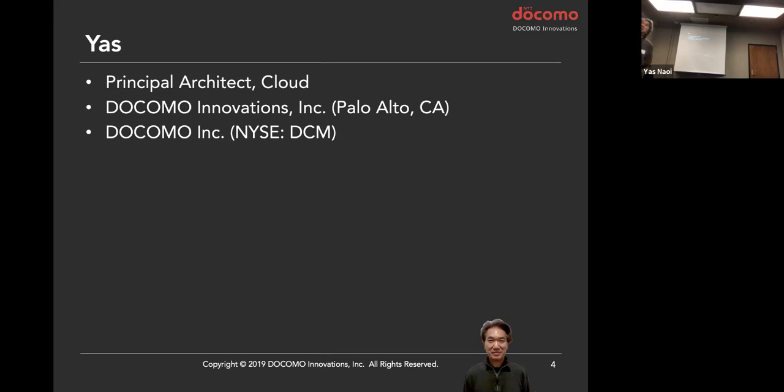The reason I'm involved in cloud is that DoCoMo is a good customer for AWS, because we are spending literally millions of dollars per month on AWS. DoCoMo is one of the biggest AWS customers.